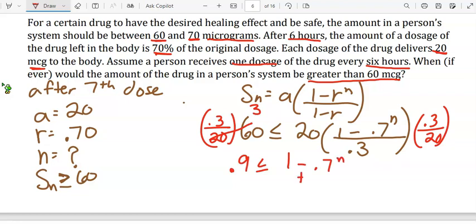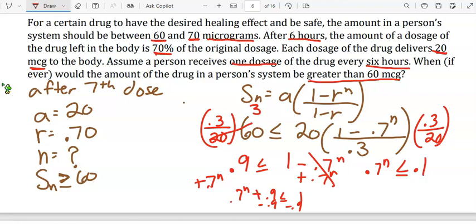Okay, so let's add the 0.7 to the nth. Subtract the 0.9 from each side. And then we have 0.7 to the nth power is less than or equal to 0.1. Let's take the ln of each side.